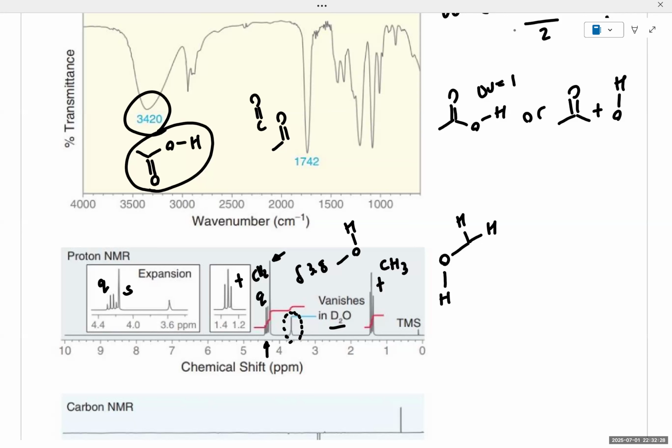We also have an isolated peak that is around 4.0, which suggests we have an isolated CH3 group attached to an oxygen attached to a carbonyl group.